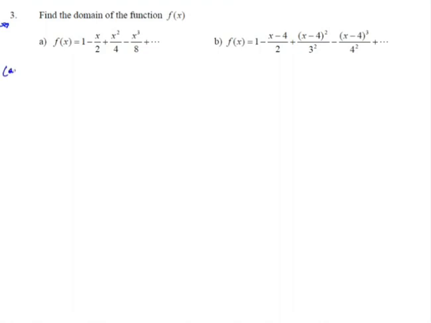So let's see the a part. ወደ a part ስንመጣ we have f of x is equals to 1 minus x over 2 plus x square over 4 minus x cube over 8 and so on. ይሄ ነው ፓወር ፋንክሽናችን። We see the first term is 1, the second term is minus x over 2, the third term is x square over 4. ይሄ ፓወር ፋንክሽን ኢንፋናይት ጂኦሜትሪክ ሲሪስ ነው። Why?